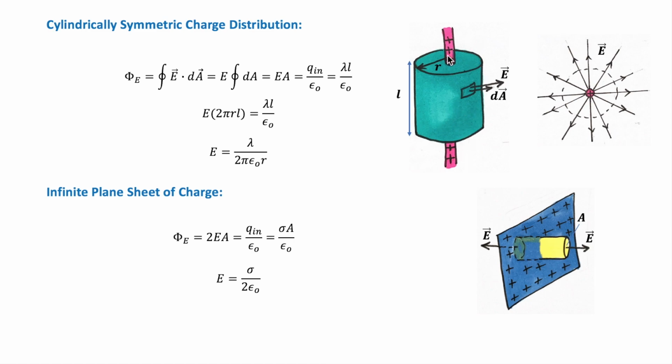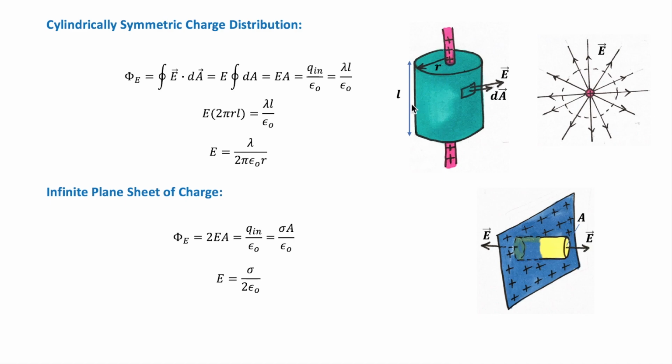So there are no edge effects here, okay? Also, because the charge distribution is uniform, it has a cylindrical symmetry, and we can choose a cylindrical Gaussian surface of radius r and length L that is coaxial with the line charge, okay?